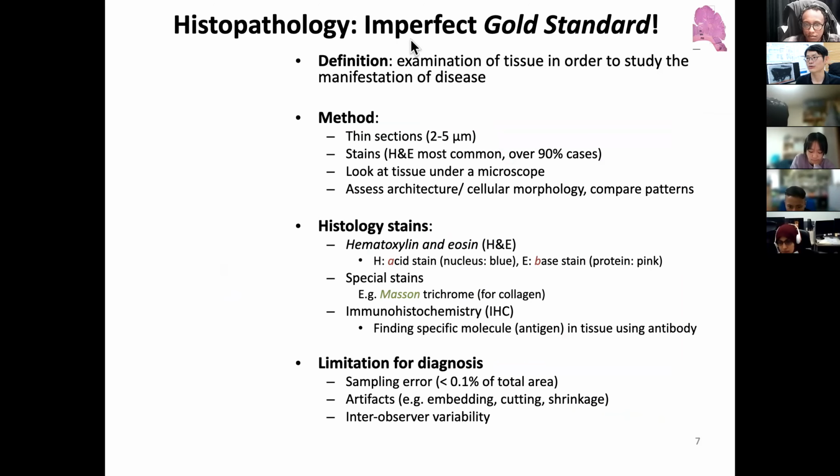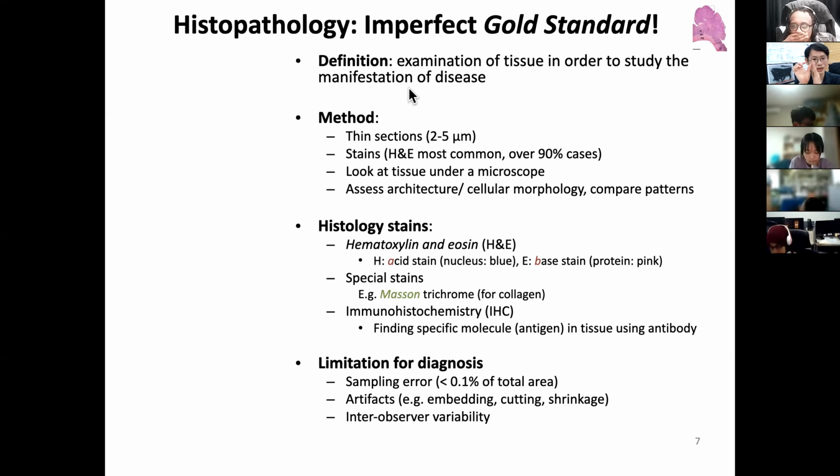Okay, so as we discuss histopathology one more time, that means examination of tissue to study the manifestation of disease. And typically, you remember that for light-tissue interaction, the mean free path of the light is about 100 micron.